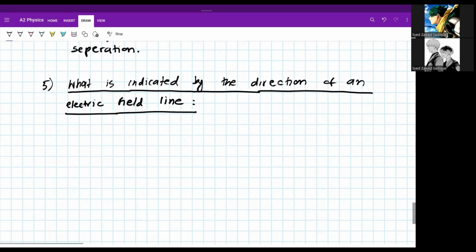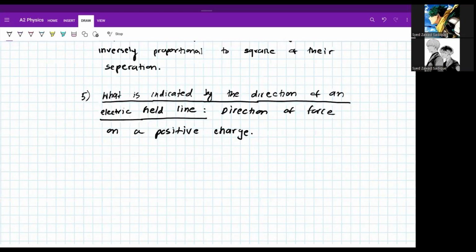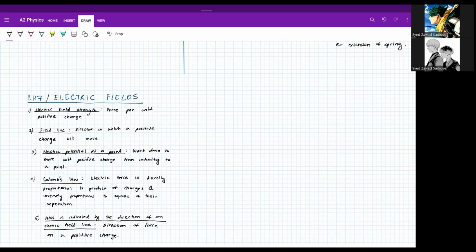The answer is the direction of force on a positive charge. Okay, this is everything regarding electric fields.